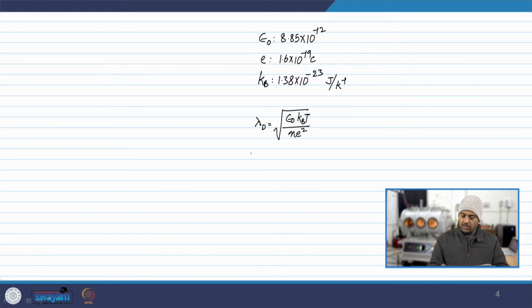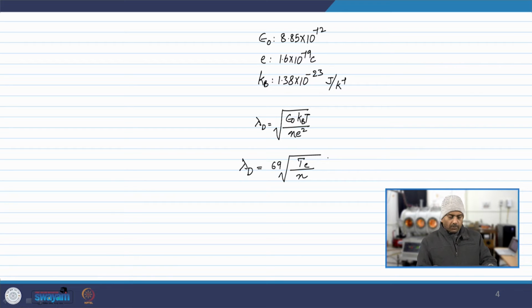By substituting all of this, we can write lambda D is 69 times the square root of Te by N, as long as the temperature is in units of Kelvin. The same expression can be written if you are using the plasma temperature in units of electron volts.